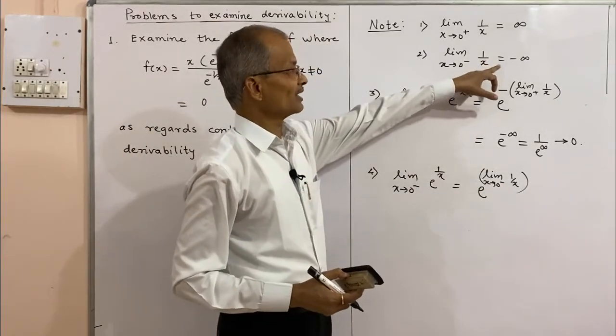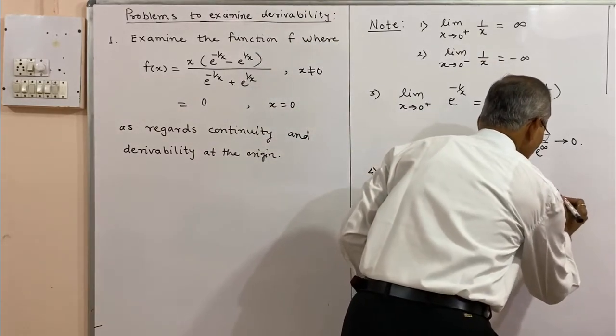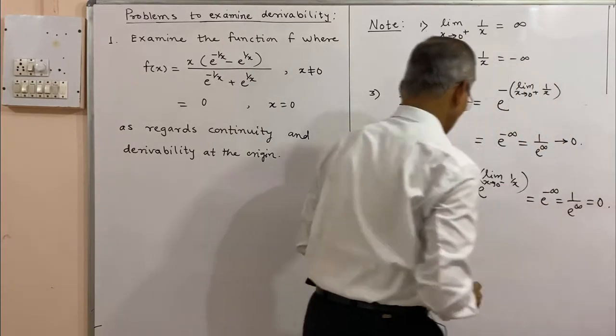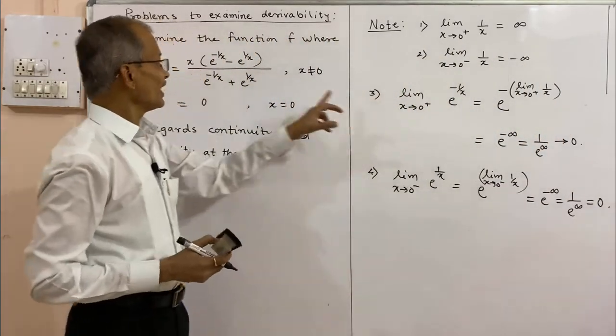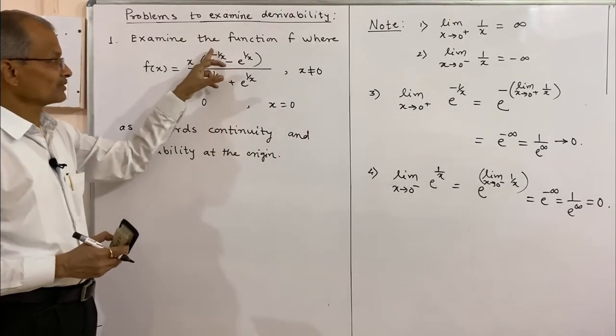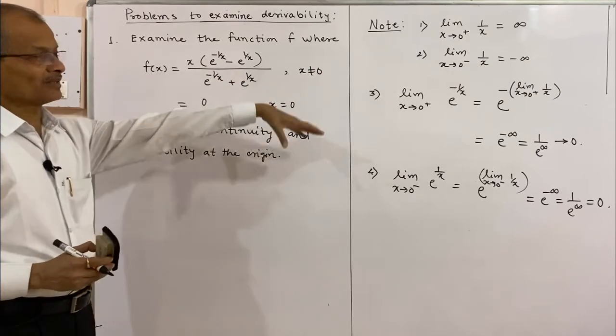It is minus infinity. So this is e raised to minus infinity, which is 1 upon e raised to infinity, and this is equal to 0. These are the limits we require here, because the function contains the terms e raised to minus 1 by x and e raised to 1 by x. So that's why we have written this as a note.